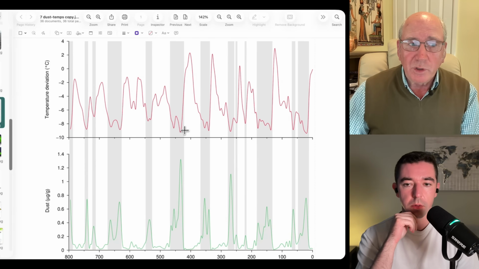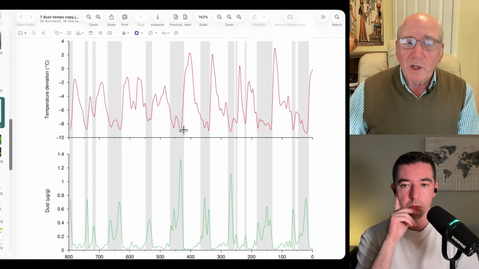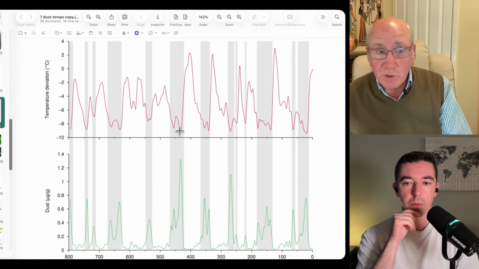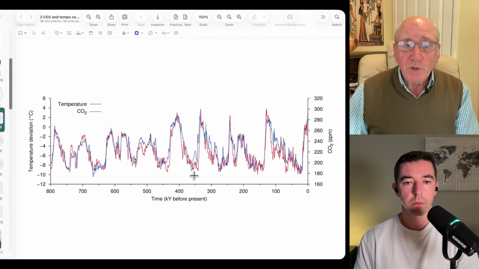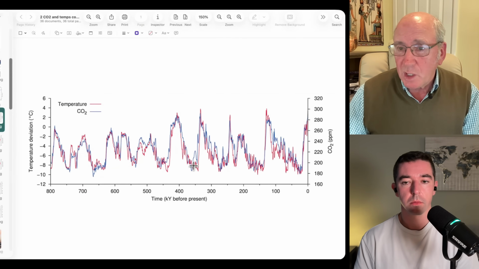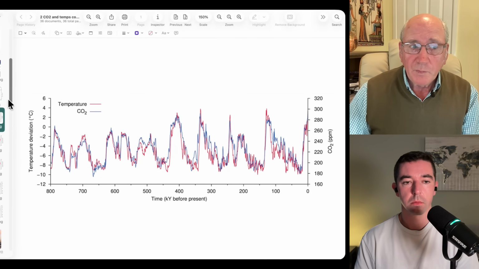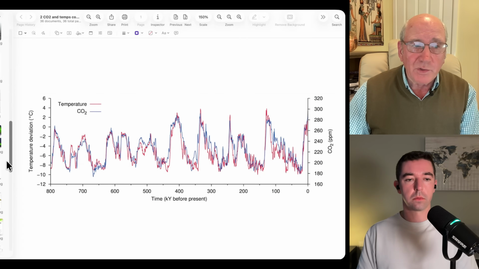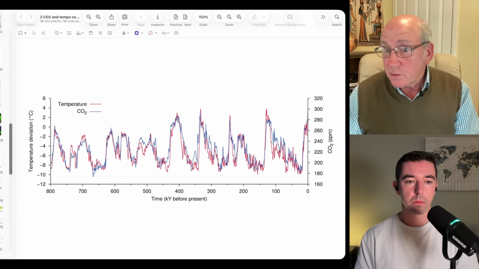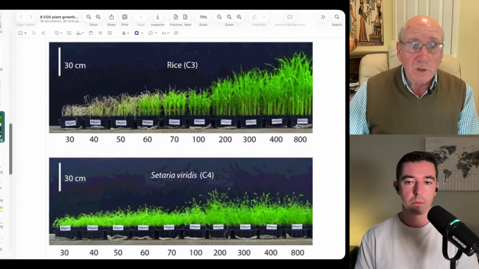And that's important. Why do we do that? Well, because low temperatures, as we saw in that first diagram, are also associated with low CO2. So temperature and CO2 go down together because of the oceans sucking up all of the CO2.